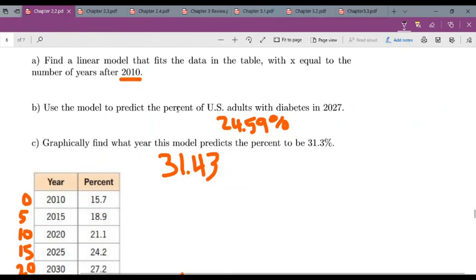Alright, so find a linear model that fits the data in the table. I believe what we pulled up for it was y equals, let's see if I can remember what we had. It was y equals approximately 0.46x.